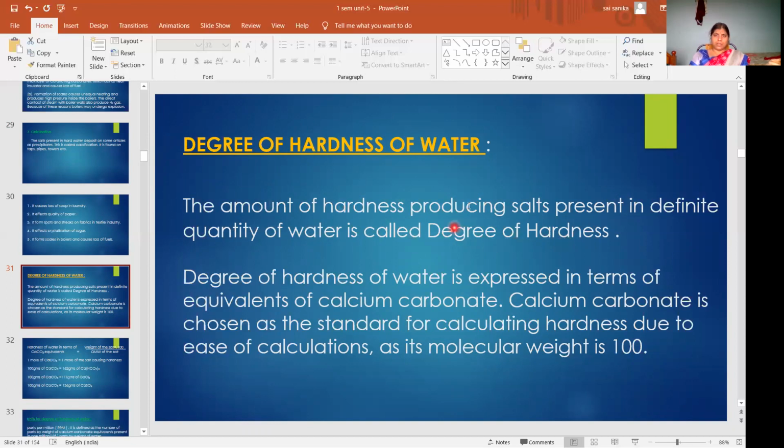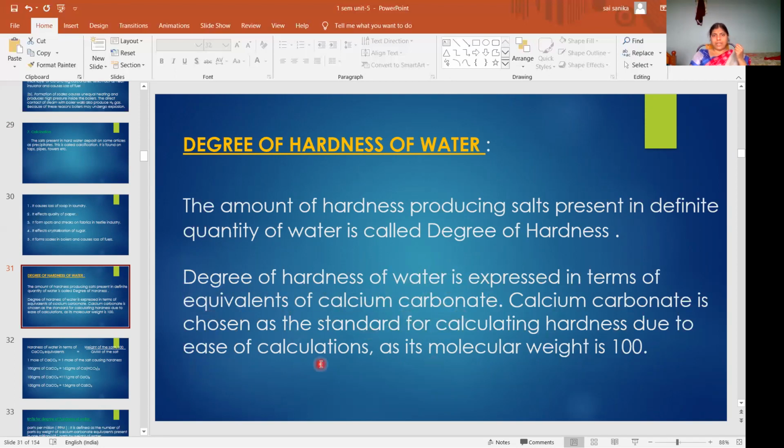So the amount of hardness producing salts present in a definite quantity of water is called degree of hardness, and this degree of hardness is expressed in terms of equivalents of calcium carbonate. Why are we choosing calcium carbonate as the standard for calculating hardness?